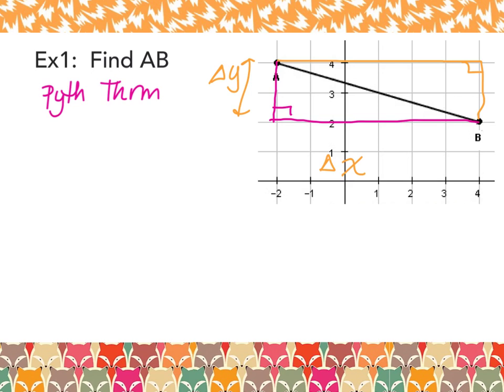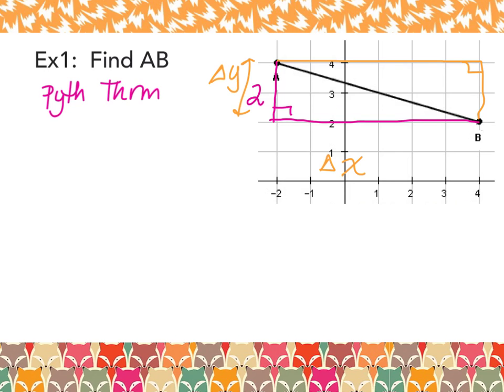When I look at the change in y, I'm asking myself, how does y change from where point A is now to where B is down here? The y-coordinate of point A is 4, and the y-coordinate of point B is 2. So that's a change of 2. The easier thing to do here is to just count that the segment is 2 units long.